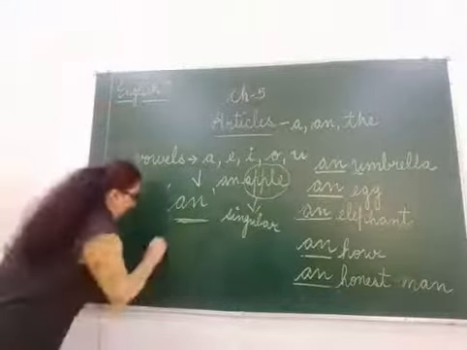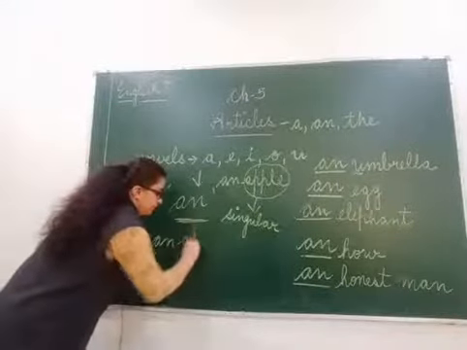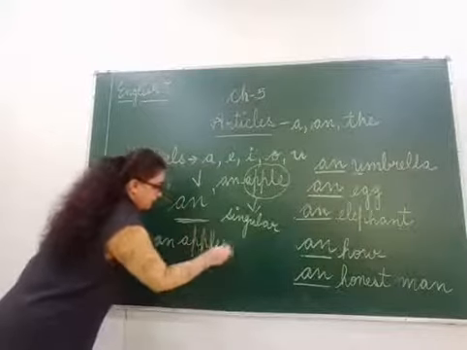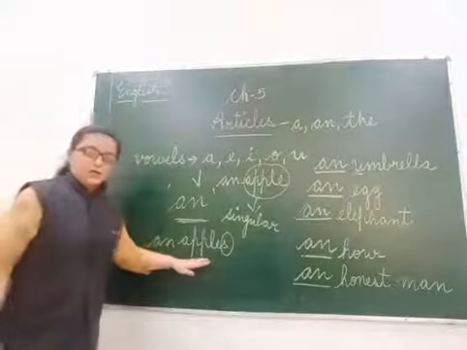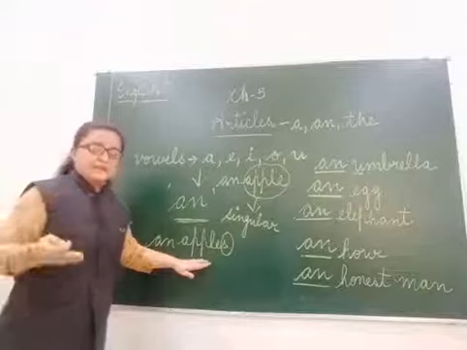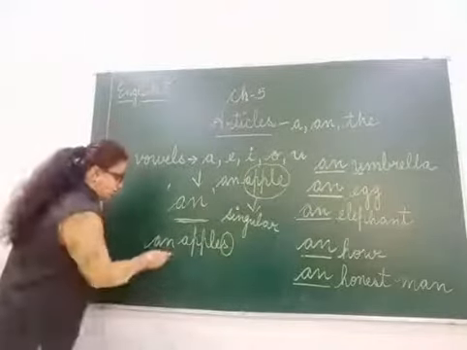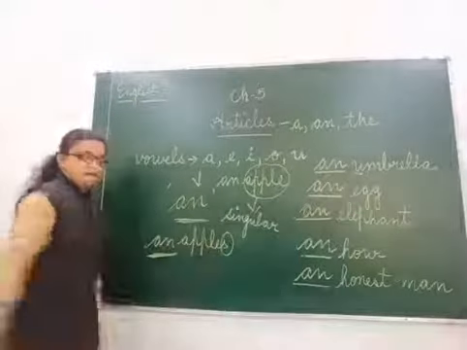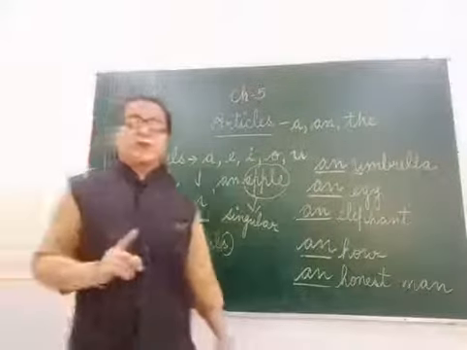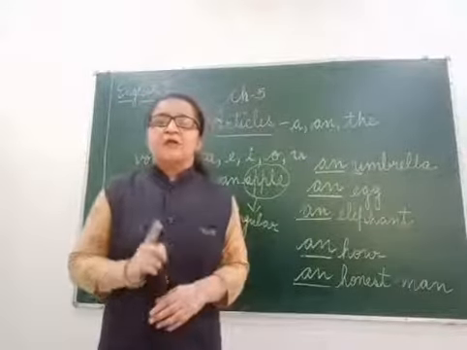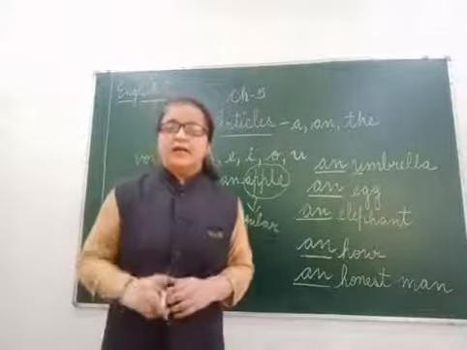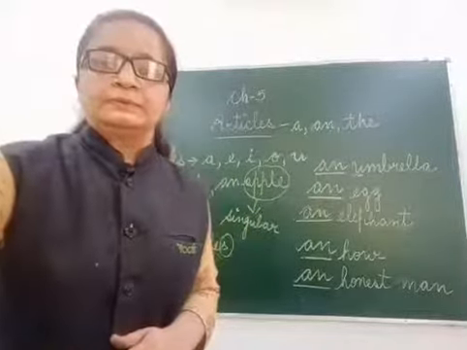You can't say an apples. Here apples is plural, मतलब ज़्यादा many apples है, more than one. So you can't use an before it. Okay. So remember this always, that a and an are used before a singular noun.